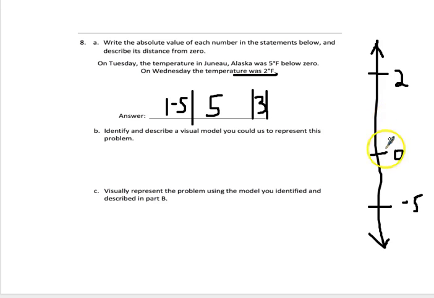And if I were to put a 2 here, you would have 3 units that you would move from here to here.